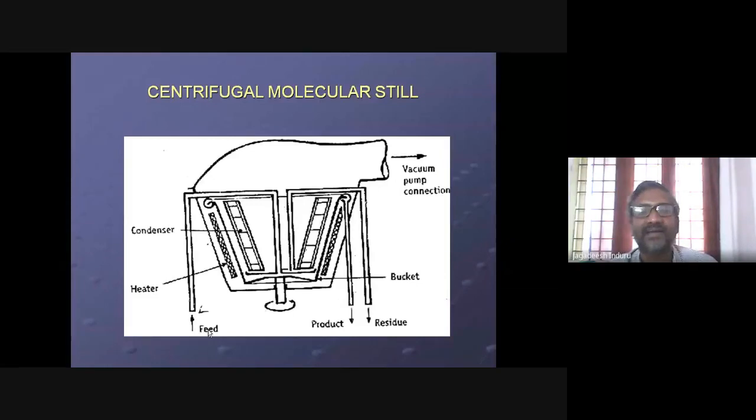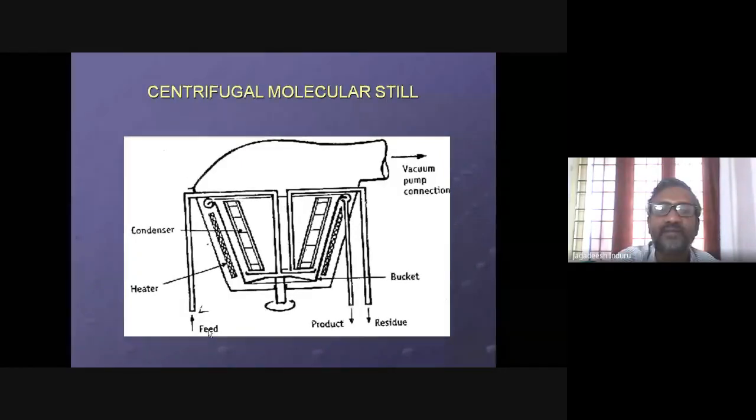In this particular case, the wiper will not be present. That is replaced, and the centrifugal effect allows the thin film to be formed. Because it is continuously fed by the pump, it moves in a thin layer to the top of this equipment.